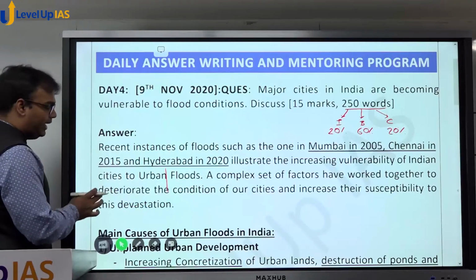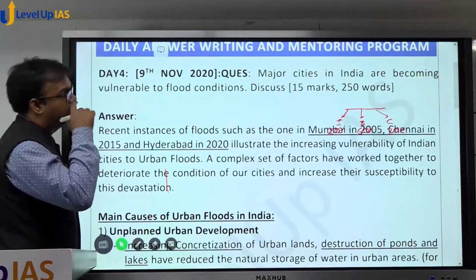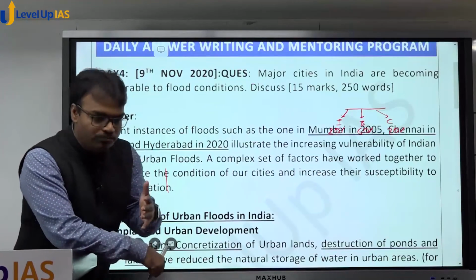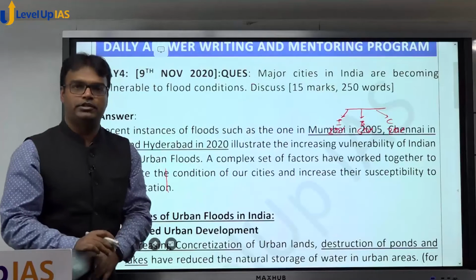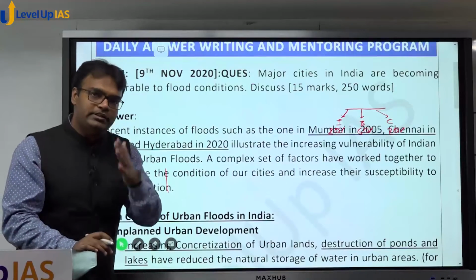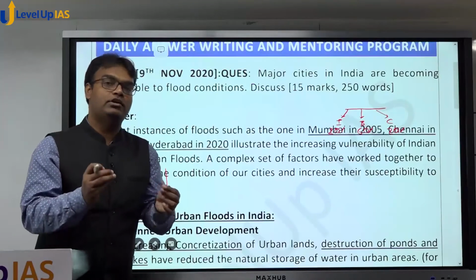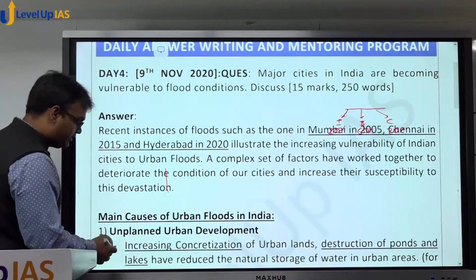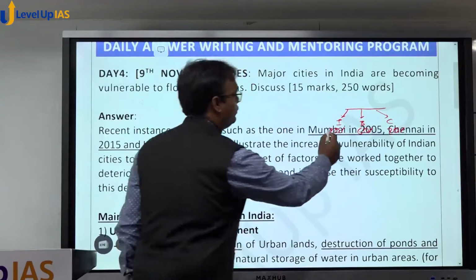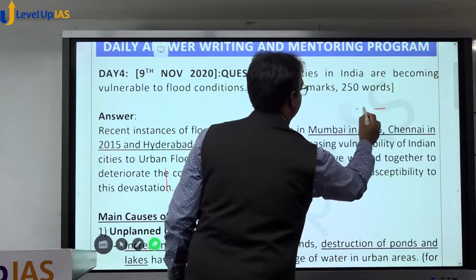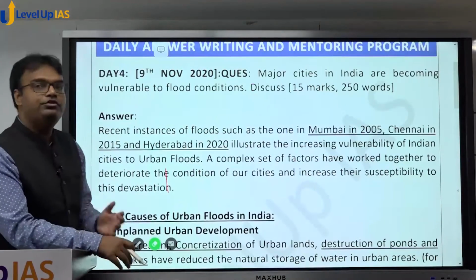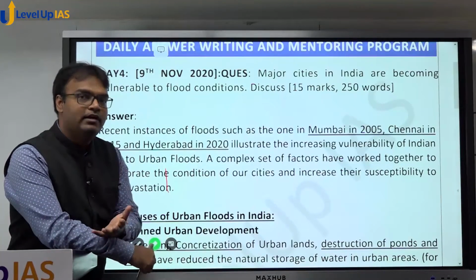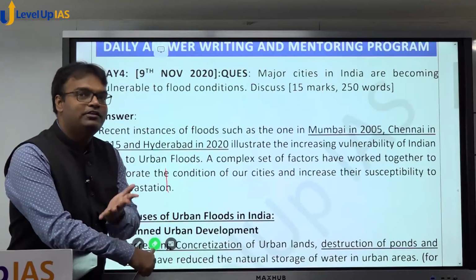In the introduction, you talk about the extent of the problem. For example, the question is saying major cities in India are becoming vulnerable to flood conditions. So you show this vulnerability. In the core body, we will discuss the reasons for it, but here you show that yes, vulnerability is increasing. And therefore, we have introduced our answer with some examples showing that our major cities are facing flood situations.